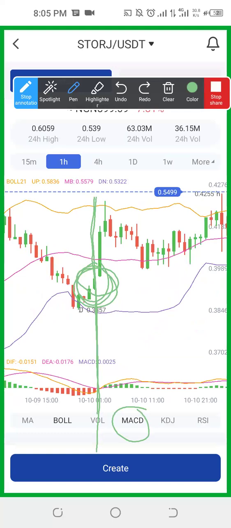You see that there was a golden cross with this yellow line over the purple. The moment it crossed, that was when the coin pumped. You can see that the bullish reversal candlestick pattern also confirms and works together with the indicators.